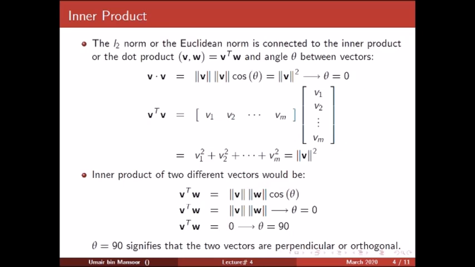So their product will be the product of their lengths, since theta is 0, so this cosine term will be 1.